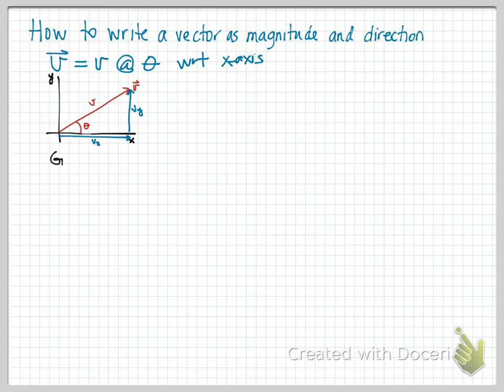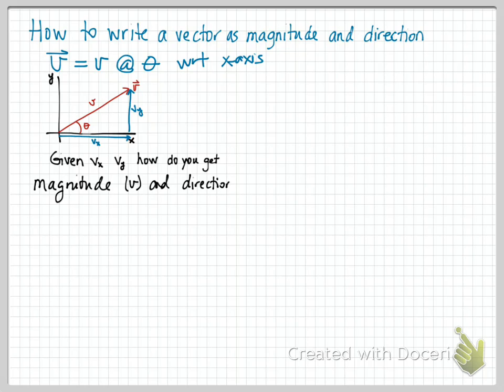So given the x component, vx, and the y component, vy, how do you get the magnitude, which is v, and direction, which in this case we're just specifying by the theta?